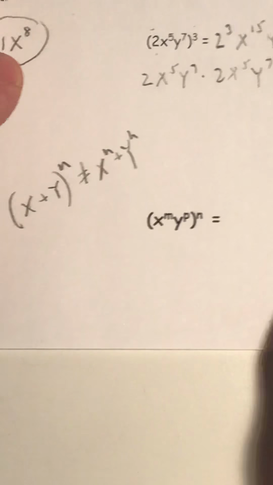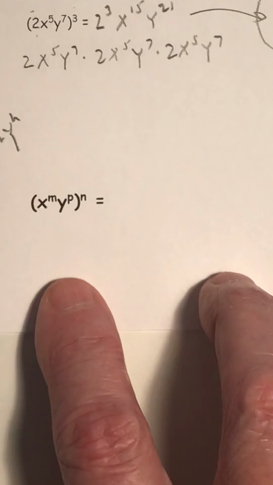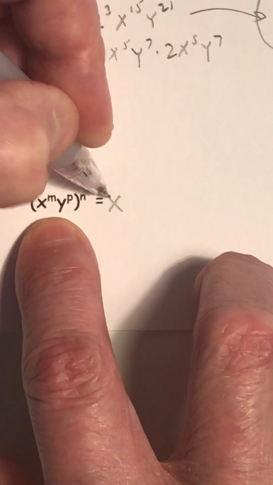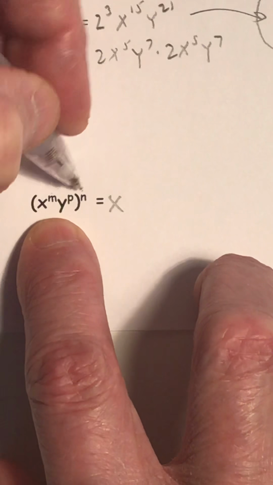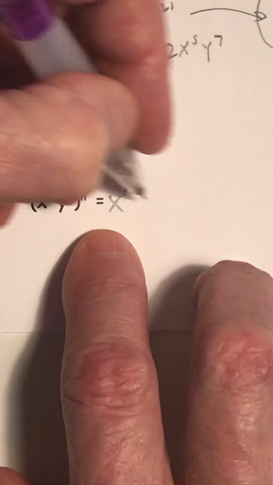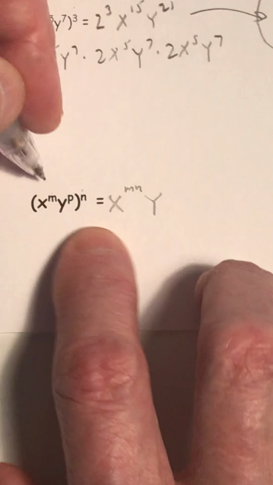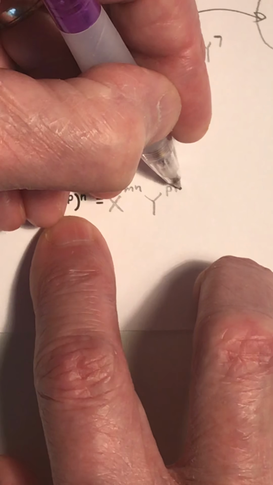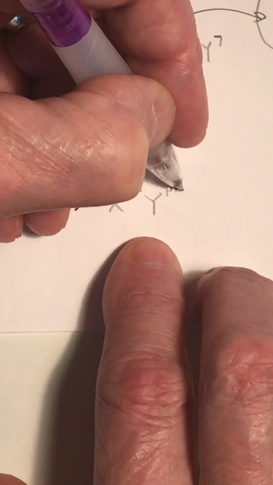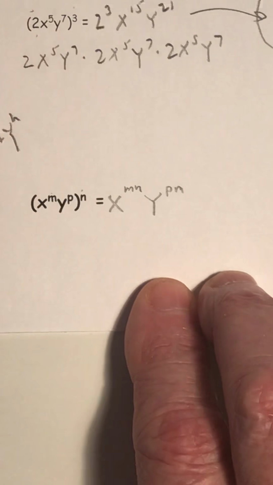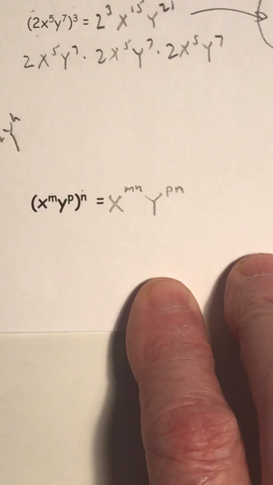So it's not the sweet little shortcut like this. So this would be x to the inside times outside exponent, mn, times the other variable, y to the inside times outside exponent, pn. x to the mn, y to the pn. Okay, that's the end of page 2.